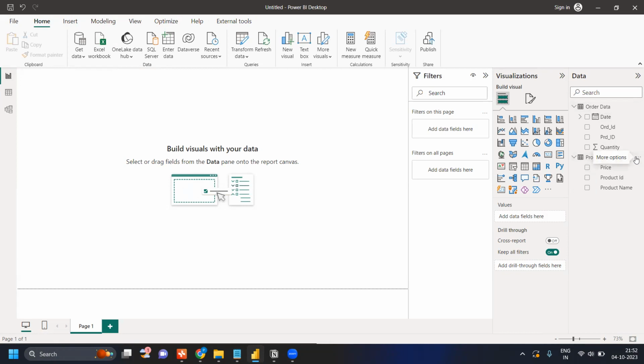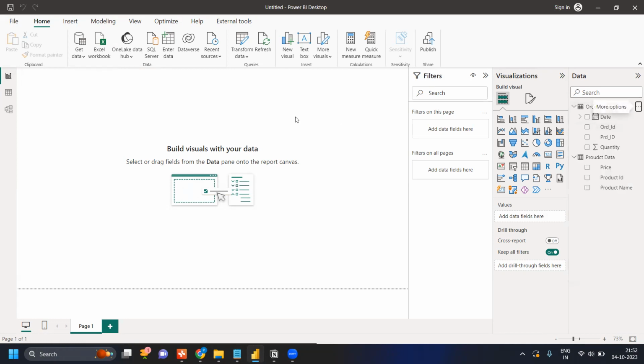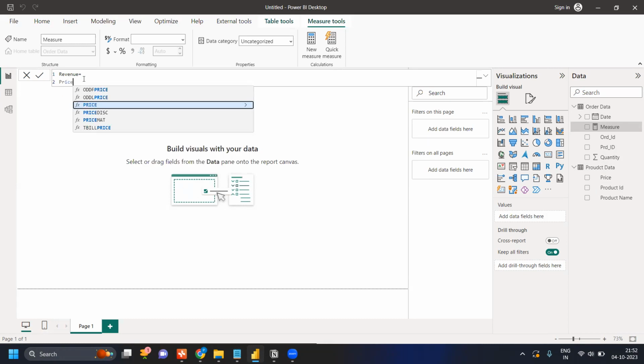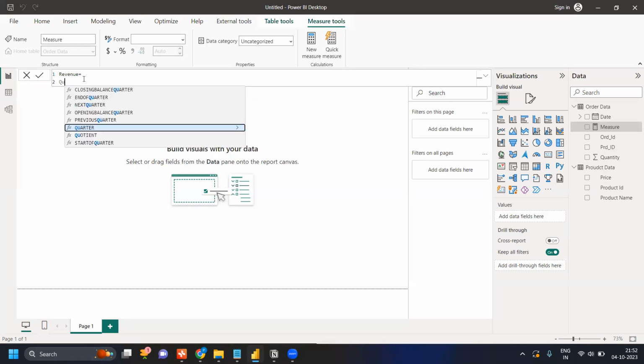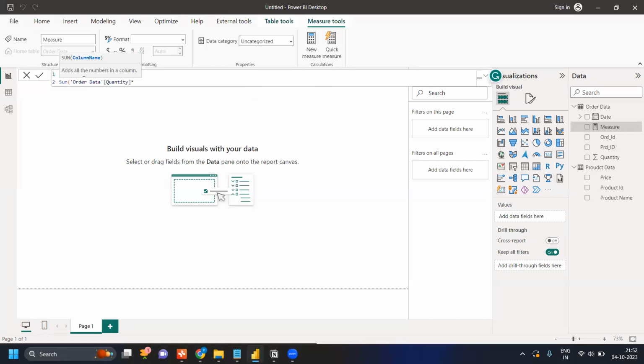Let me do that. So I created a calculated column, revenue. Observe closely. What is the formula of the revenue? Price and quantity. It's not showing, right? Let's say quantity. Quantity is a column, so we need to take aggregation. So quantity, and multiplication is price.